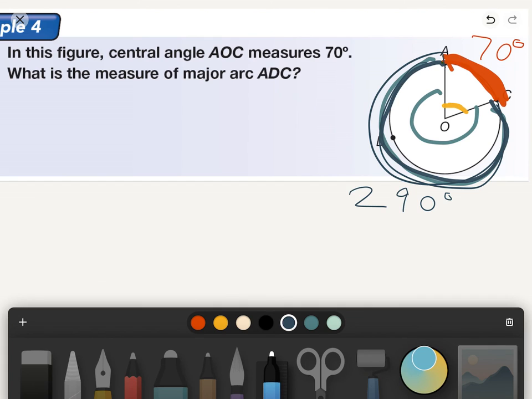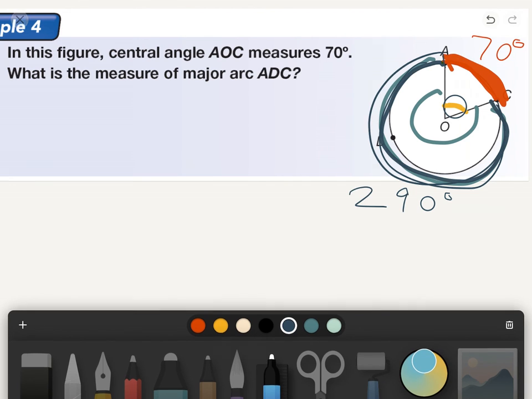We're talking about the outside, but that is the way that we think of the minor arc and the major arc, and they do have a value of degrees, even though usually when we measure degrees, we show it as far on the inside as you can. Does that make sense?